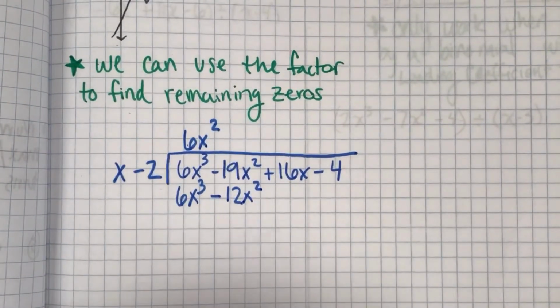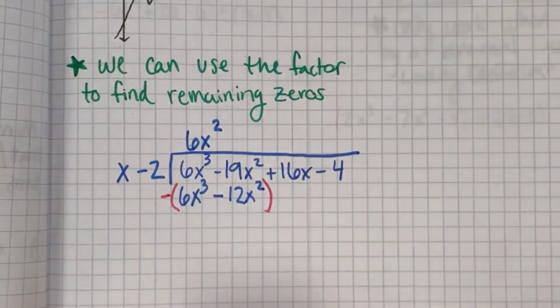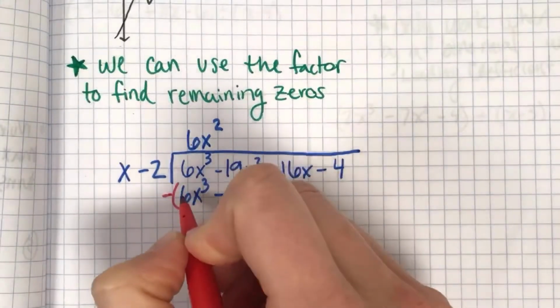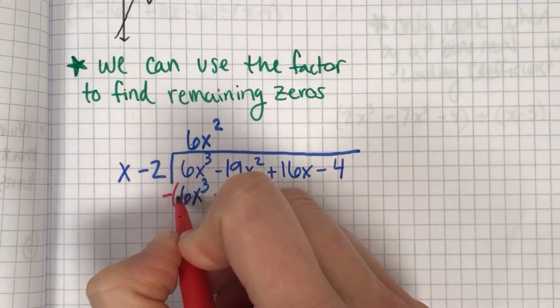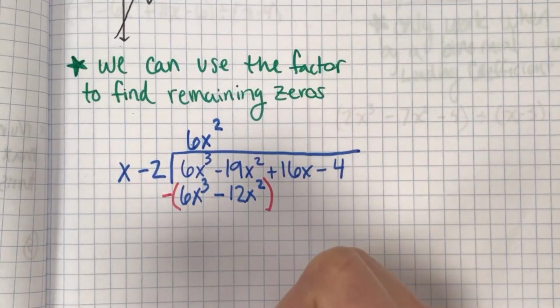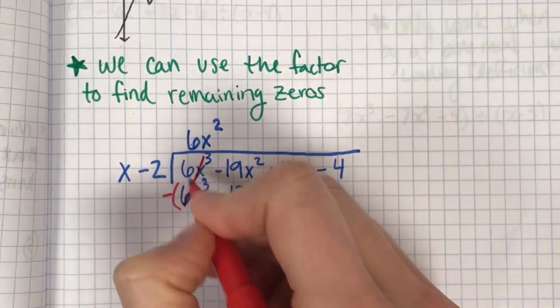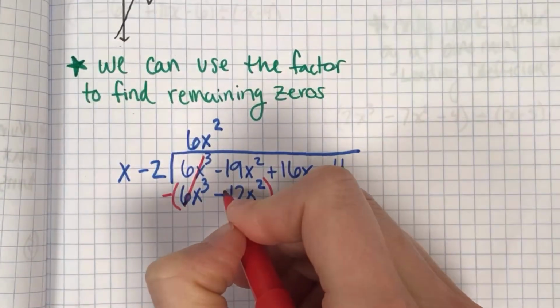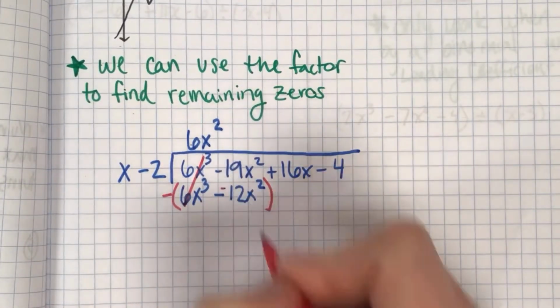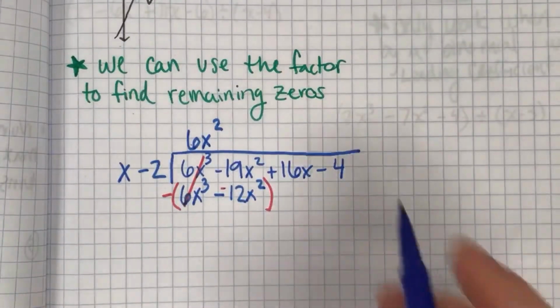Now I subtract my entire polynomial that I just wrote. So I distribute that negative, and these two would cancel out, and this would become minus a -12, which equals -7x squared.